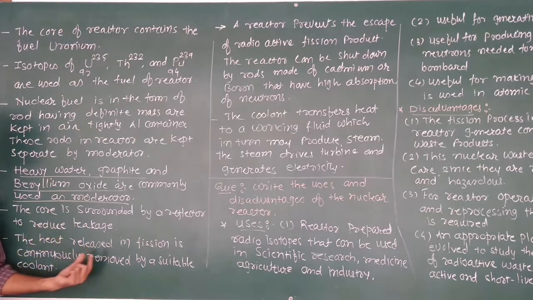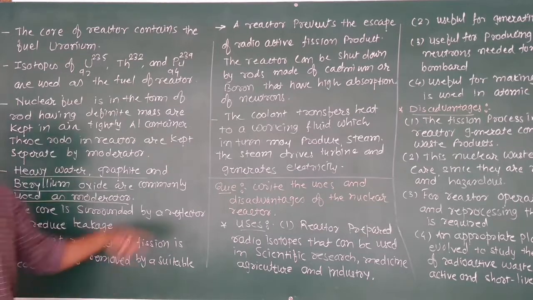The heat released in fission is continuously removed by a suitable coolant. Already we discussed that coolants are used to cool down the moderator and also the fuel material. So here the heat released in fission is continuously removed by a suitable coolant.